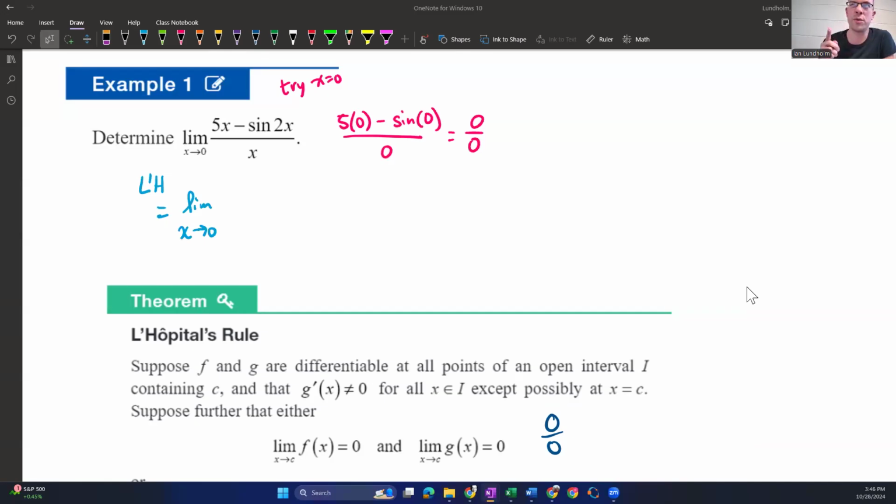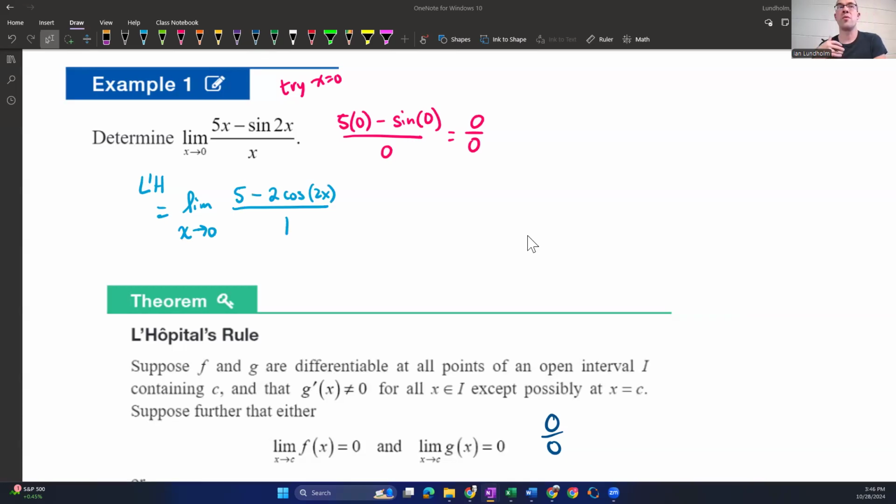This isn't the quotient rule. So 5x becomes 5. Negative sine of 2x becomes minus 2 cosine of 2x. That extra 2 is happening because of the chain rule. And the derivative of x just becomes 1.